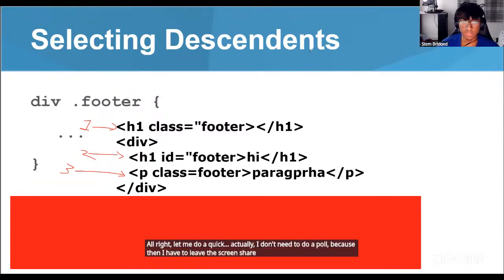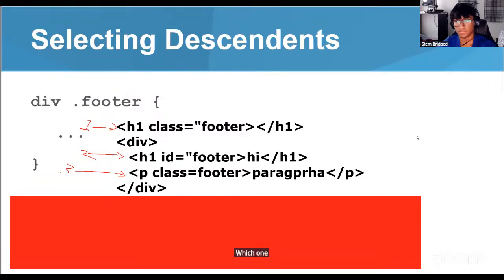Just tell me in the chat, what do you guys think? Is it 1, 2, or 3? Which one's going to be targeted? Getting some mixed answers here, but most people are saying 3.